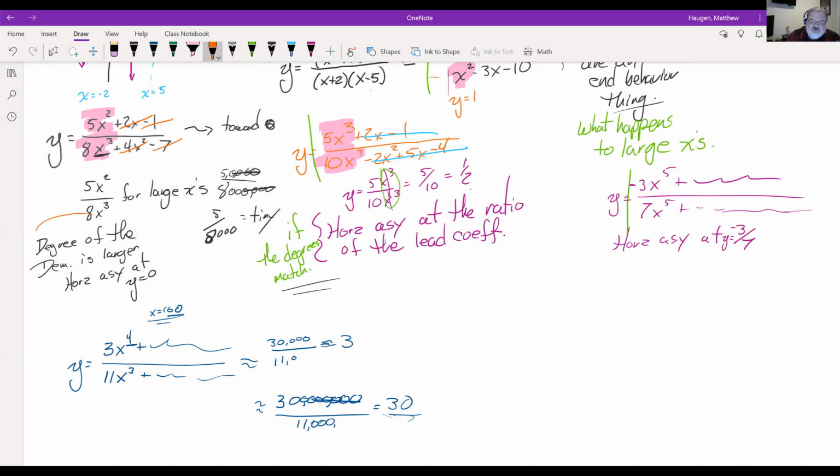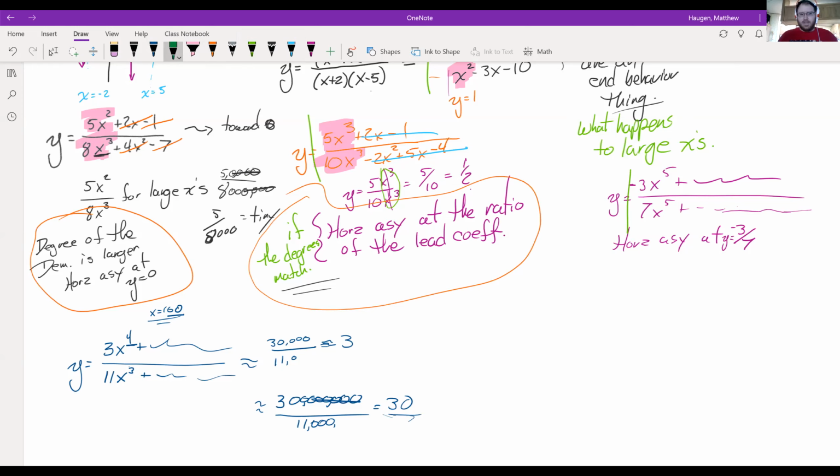So our 3 rules: if the degree of the denominator is larger, it zeros out. Denominators want to make things small. So if the denominator is more powerful, it zeros out. If they match in power, then they're going to have a fight on their hands, and those lead coefficients determine the ratio of our horizontal asymptote.